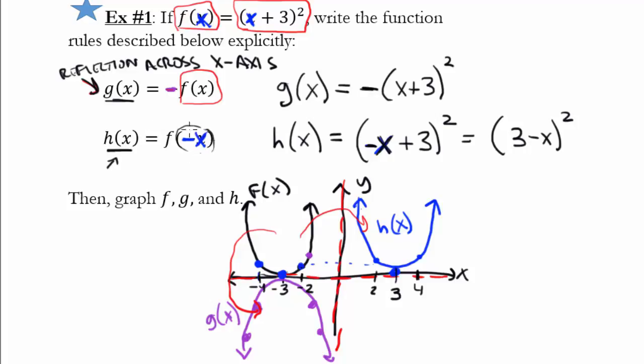It's saying all the function values where you inputted negative numbers, you now input positive numbers to get those same values, and vice versa. You could go in the opposite direction as well. So this is showing us a reflection across the y-axis. Okay, let's take a look at a couple more examples.